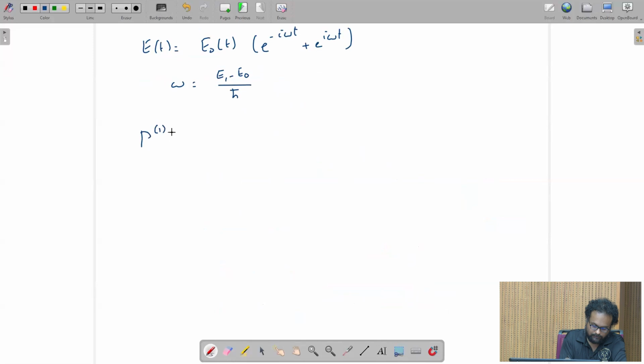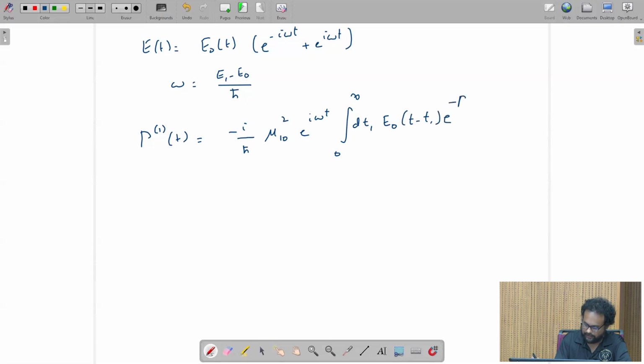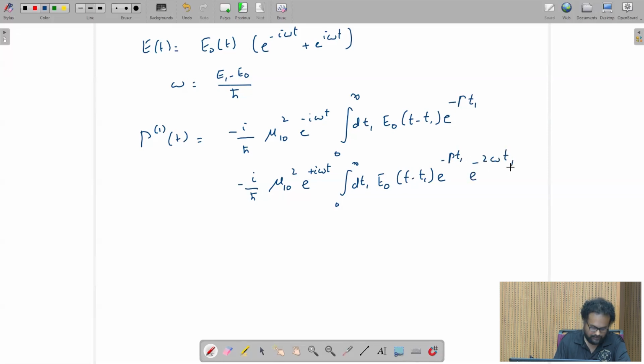Then you will see my P1 of t polarization is minus i over h bar mu 1 0, with one term e to the power i omega t and another term oscillating as e to the power minus 2 omega t1, each integrated from 0 to infinity over t1 with E naught of t minus t1 and e to the power minus gamma t1.